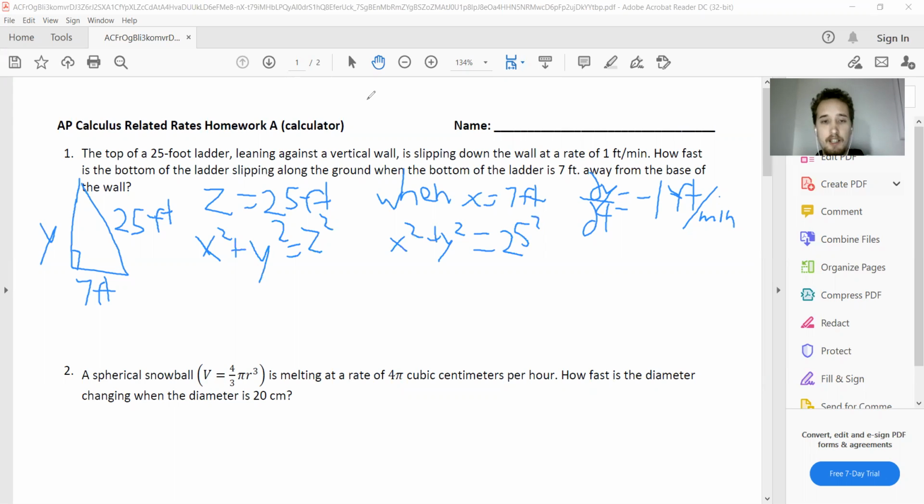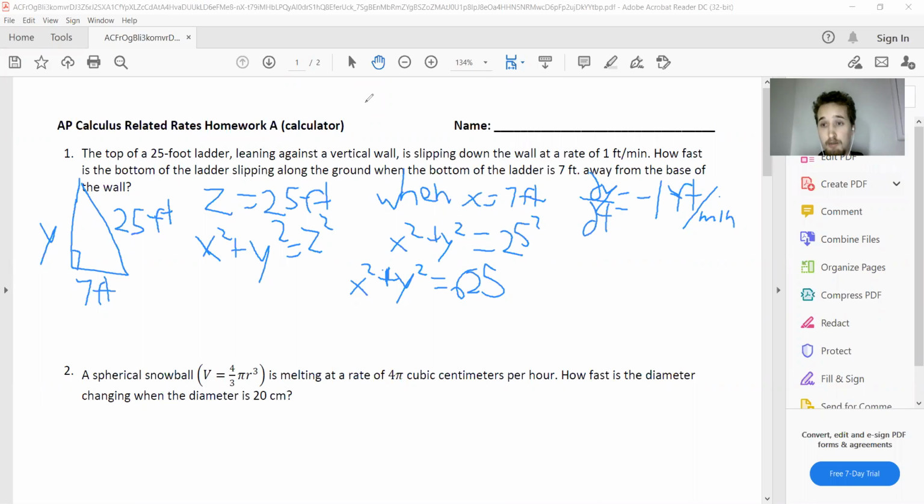And if you plug that into your calculator, you get a final equation of x squared plus y squared equals 625. Okay, I'm just going to make that clearer. Okay, so x squared plus y squared equals 625 is our final equation.